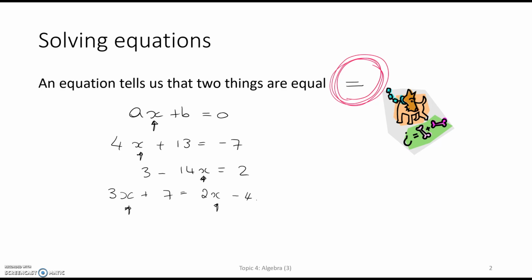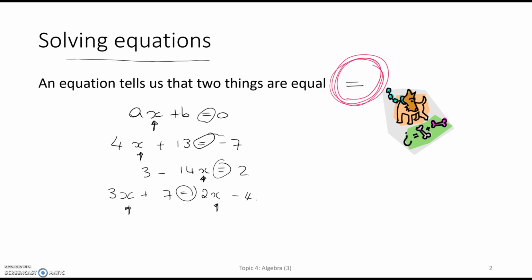It's got to have an equal sign. And most likely it will have a solution. But this process of finding the unknown quantity is called solving an equation.